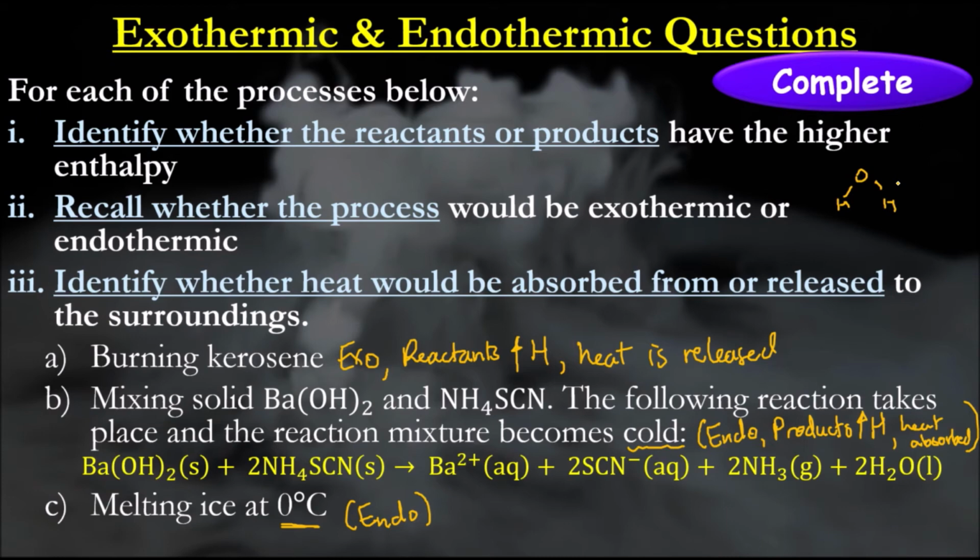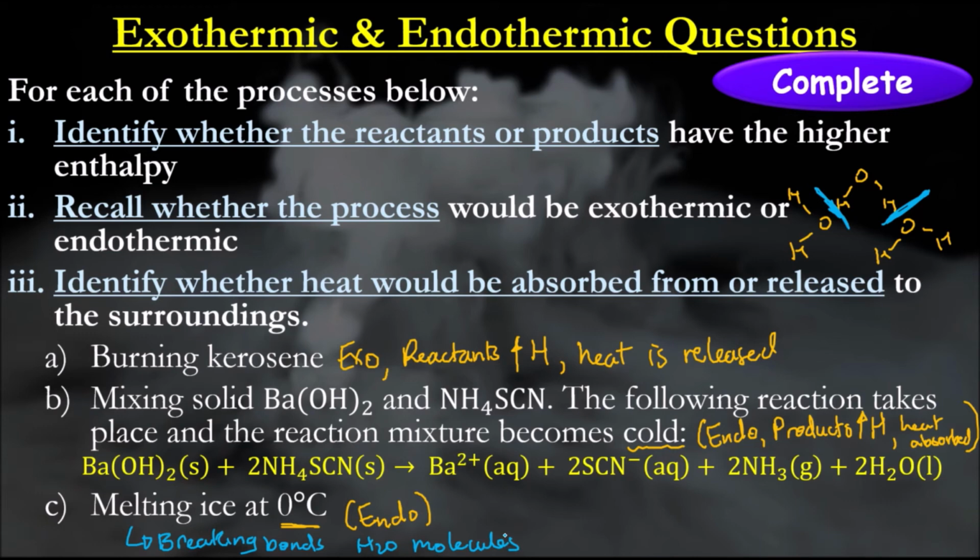Now, ice is a solid. The concept of a solid is all these chemicals really densely packed next to each other. If we melt ice, what we're actually doing is trying to break the bonds between each individual water molecule. So in this melting process, we're actually breaking bonds between H2O molecules.